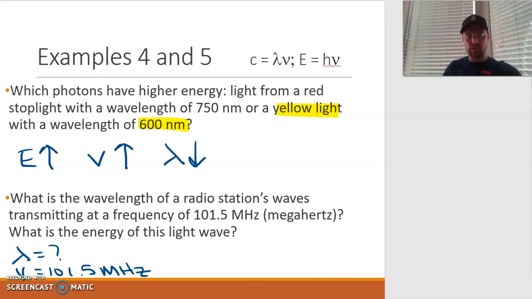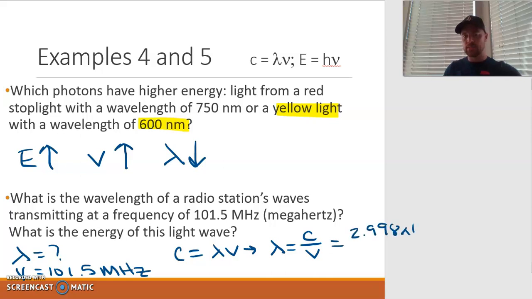But nevertheless, we're going to solve this by using our light equation, c equals wavelength times frequency. Or I could rewrite that as wavelength is equal to the speed of light divided by the frequency. And so, plug in my value for the speed of light, 2.998 times 10 to the 8th meters per second, divided by my frequency. Now my frequency is 101.5 megahertz. But we could do the same thing here that we did with nanometers. What does the prefix mega actually stand for?